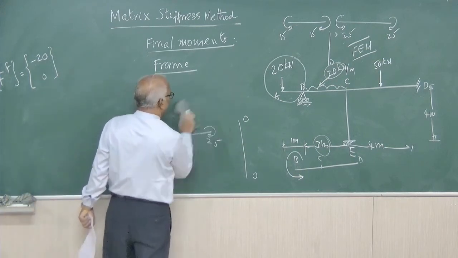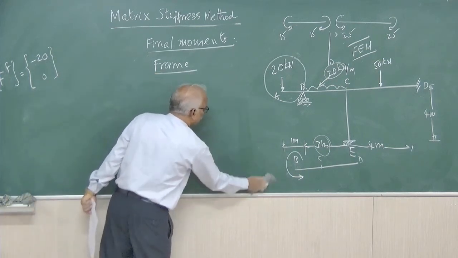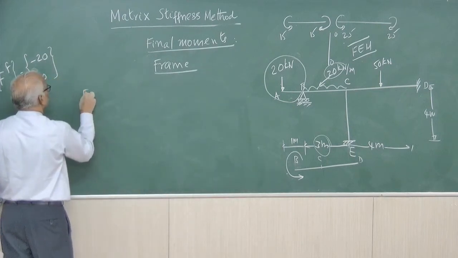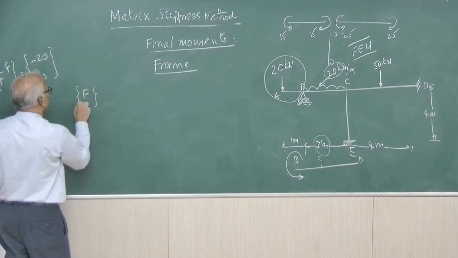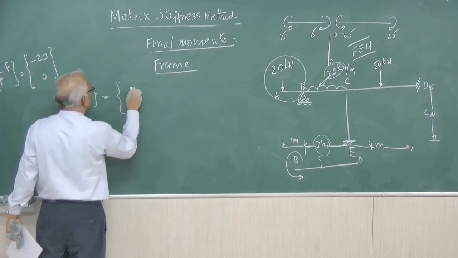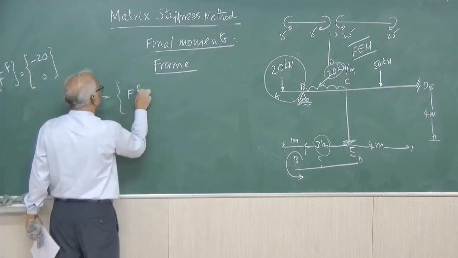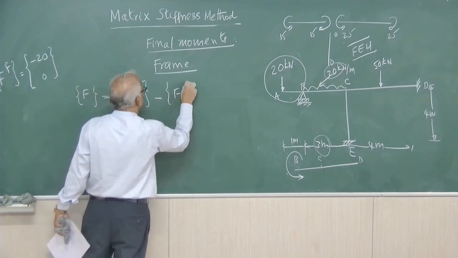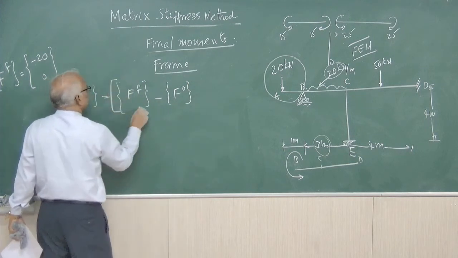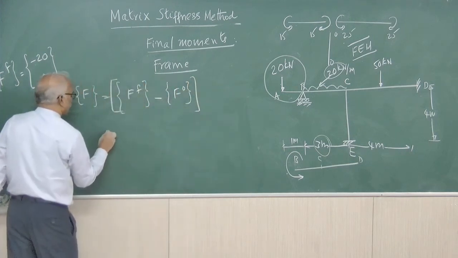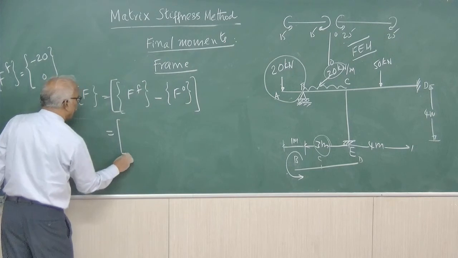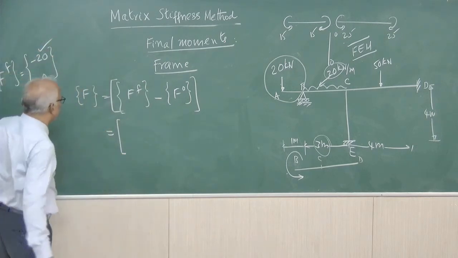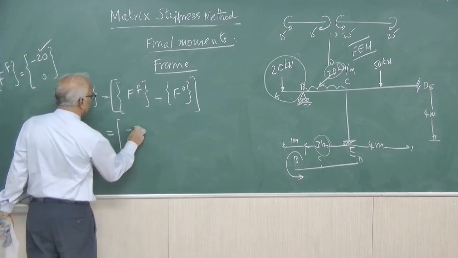Right. Now, we have to get the right hand side force vector F equal to F of F minus F naught. So F of F, we have a value here. F of F is minus 20 because of the overhanging part. So here we have minus 20.